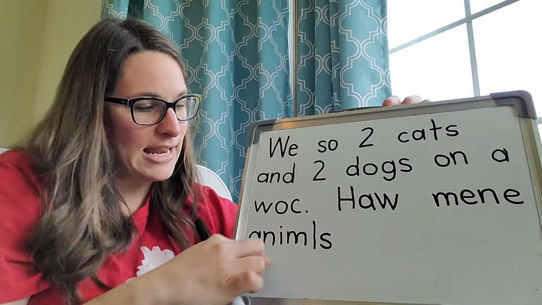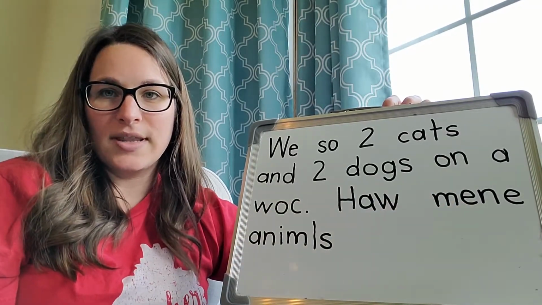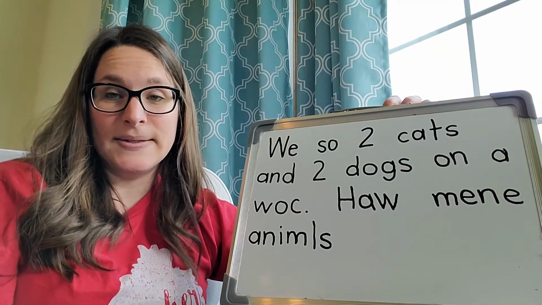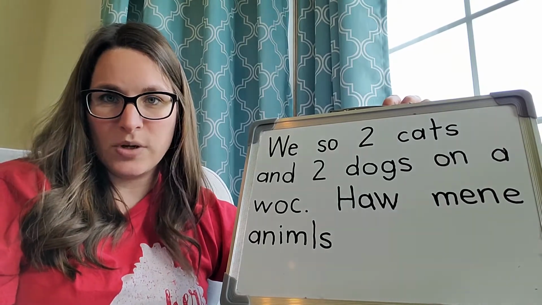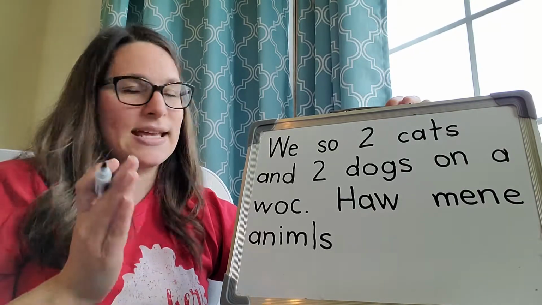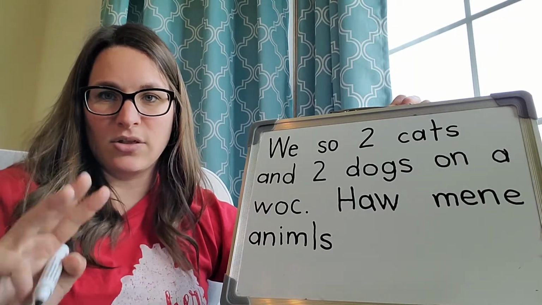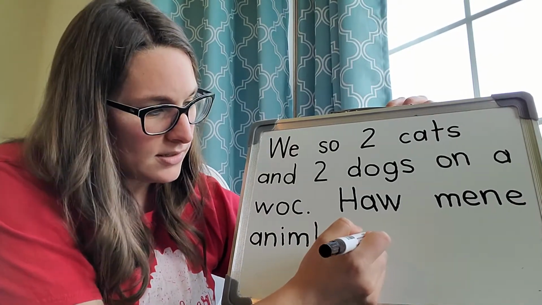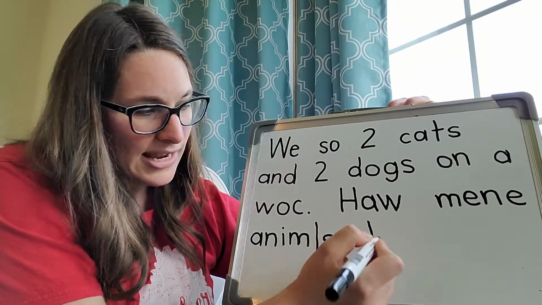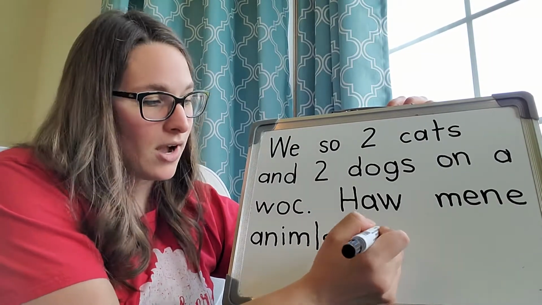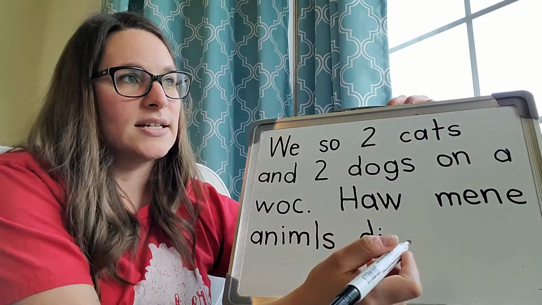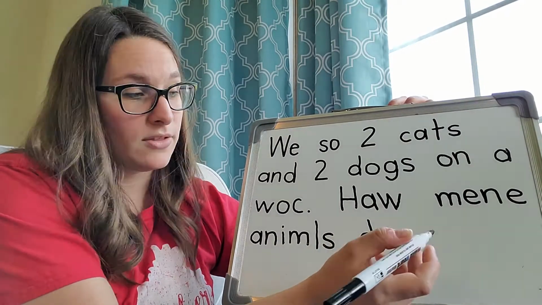So how many animals? The next word that I'm going to spell is did. Did. Can you chop did with me? D, I, D, did. I hear three sounds. I hear D for D. I hear I for I. D-I, and I hear another D sound.